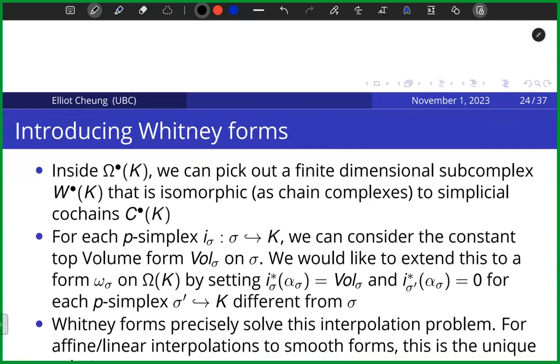Now, Whitney forms precisely solve this interpolation problem. In other words, a Whitney form constructs such a smooth form. And if I want my interpolated smooth form to be linear, then this is a unique solution.